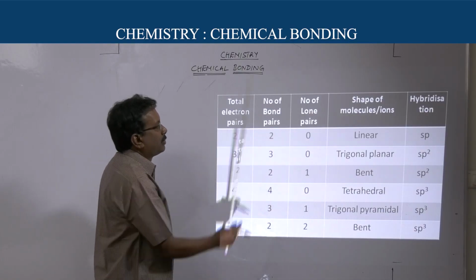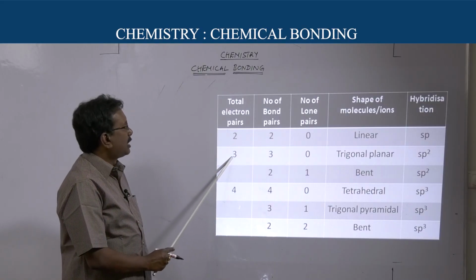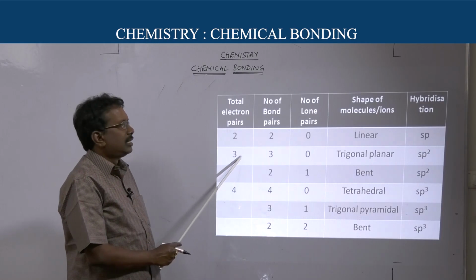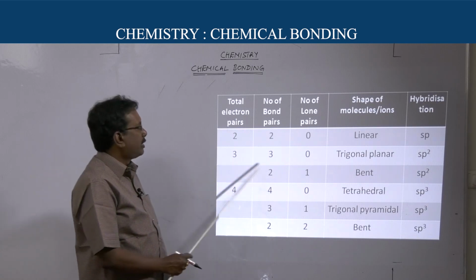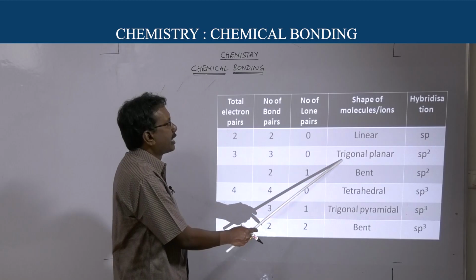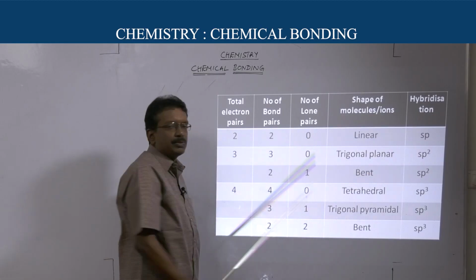This is the shape of molecules, not the electron pair structure. For this, the total electron pair structure is trigonal planar. But if I ask the shape of molecules or ions, then we have to ignore lone pairs and consider bond pairs. That is why 3-0 is trigonal planar, 2-1 becomes bent. For both, hybridization is sp2.